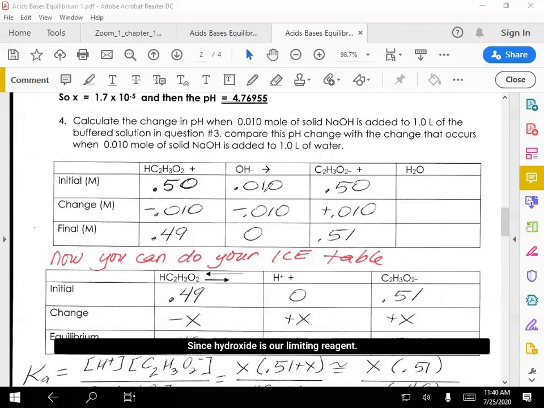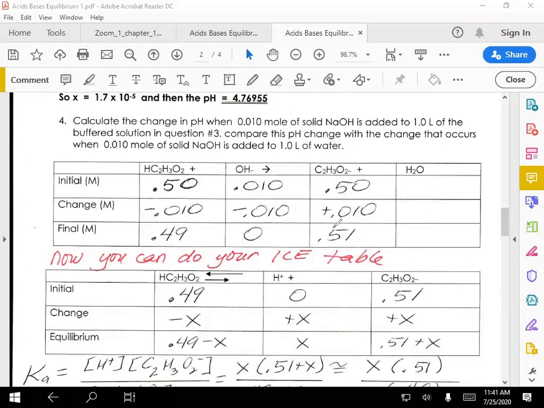Since hydroxide is our limiting reagent, we will subtract it from the hydroxide, and that's how we get the 0. We subtract it from the acetic acid, so that's how we get the 0.49. But because we are going this way, we're adding it to the acetate, so we get the 0.51.